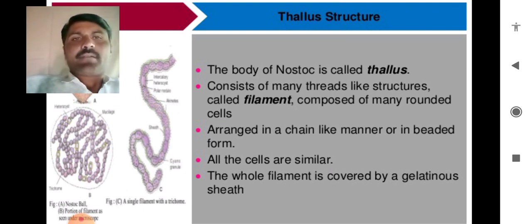Well, in the diagram, figure C, you can see the single filament of a Nostoc.